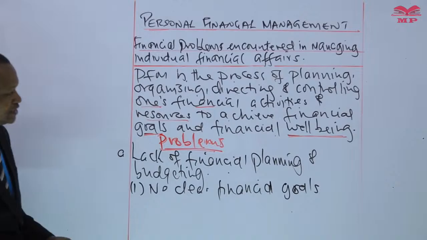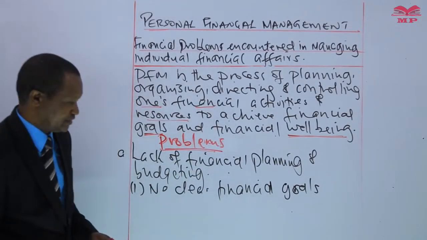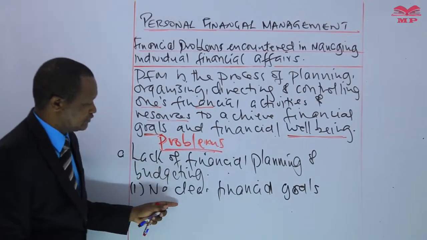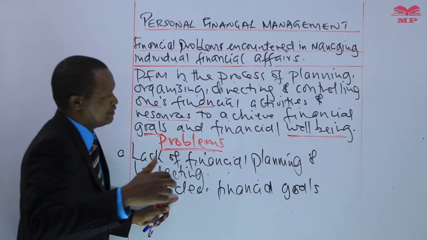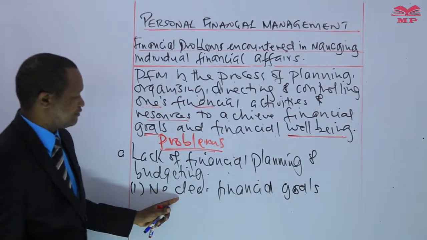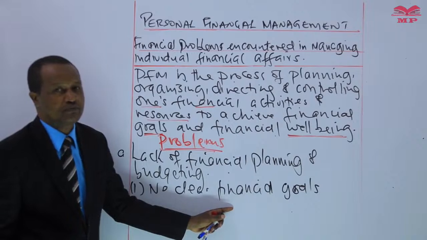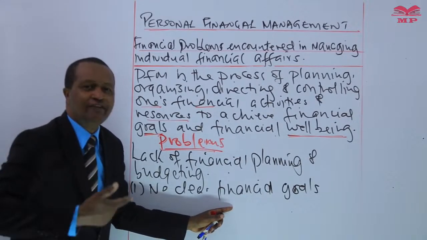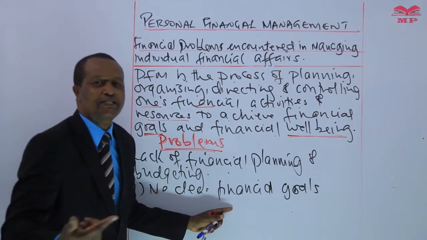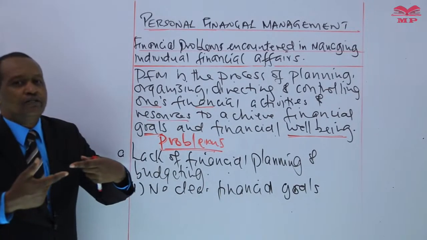Now, candidates, as we discuss these problems, these are not things that are unfamiliar to us. We can relate to what we are discussing. If I was to ask you as an individual or as a household, does your household have clear financial goals? Not having specific goals, candidates, can lead to aimless spending and difficulty prioritizing financial needs.